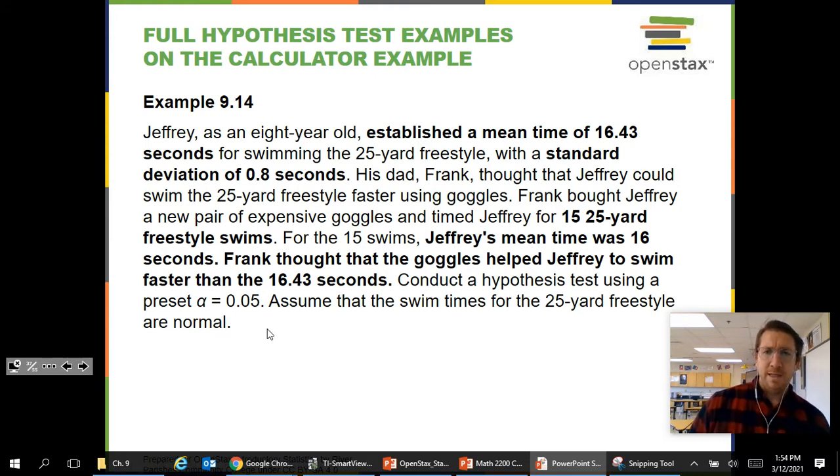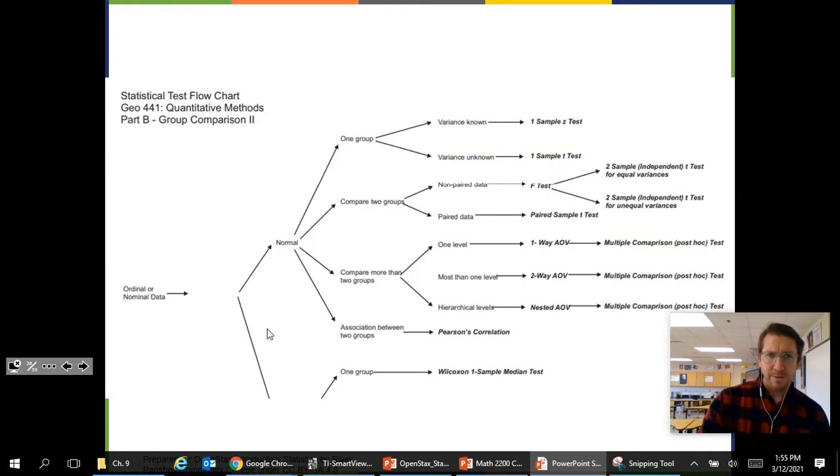Frank thought the goggles helped Jeffrey swim faster than 16.43 seconds. Conduct a hypothesis test using a preset alpha of 0.05 and assume the swim times are normal, so a normal distribution curve. So we think about what we know here.